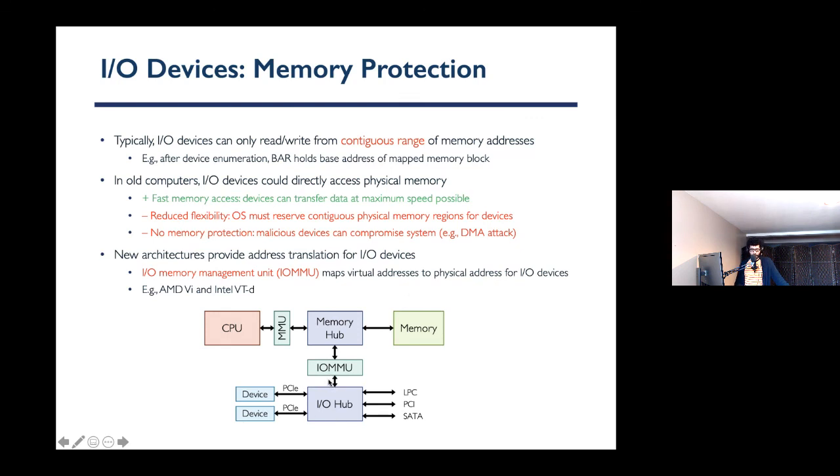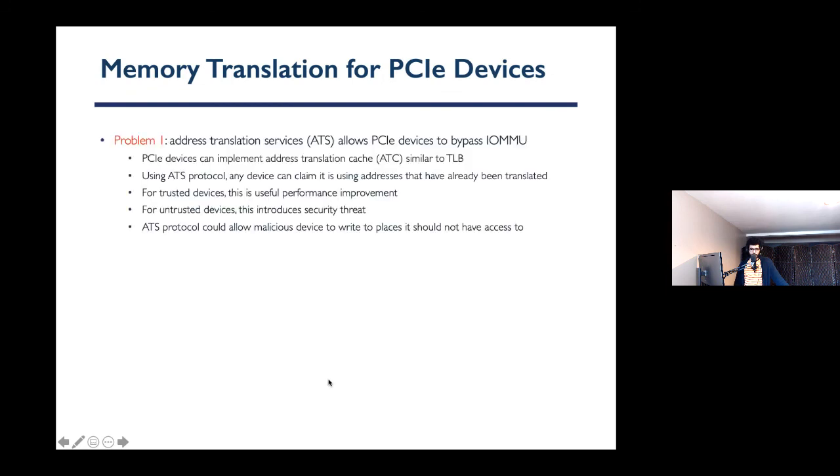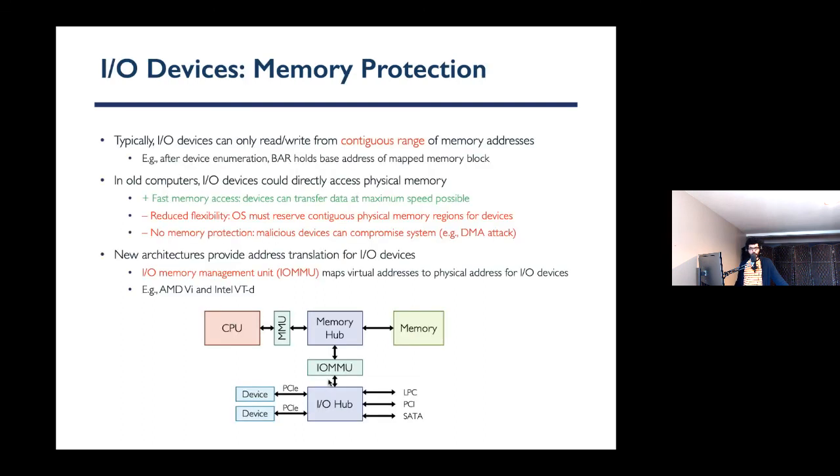There is one difficulty when it comes to PCIe devices, and that's the fact that PCIe devices can bypass this guy, because PCIe devices are connected to each other as well. So they can communicate with each other without going to this IOMMU, right? They don't need to go there to communicate, at least with each other.